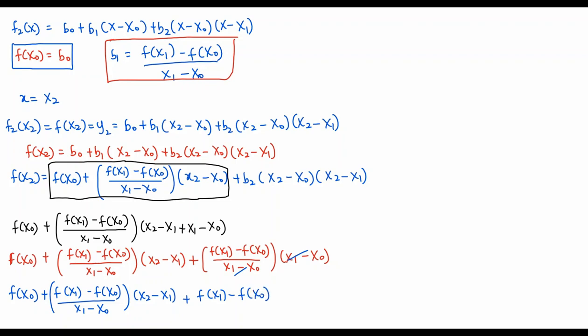This is what you are going to have. You see that this will actually cancel out this, right? So at the end, this is what we are going to be having.